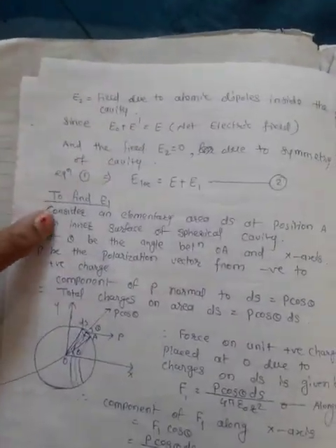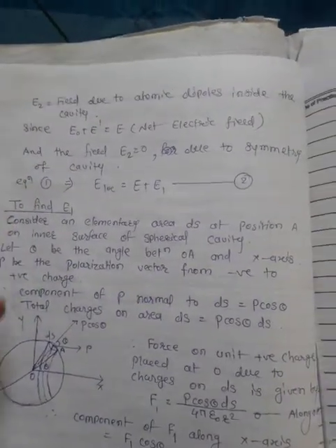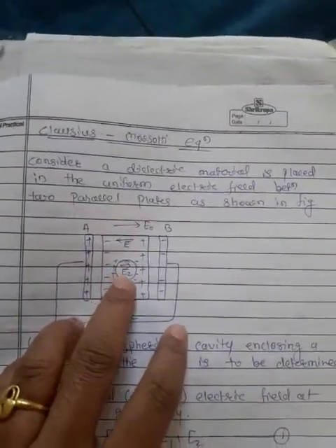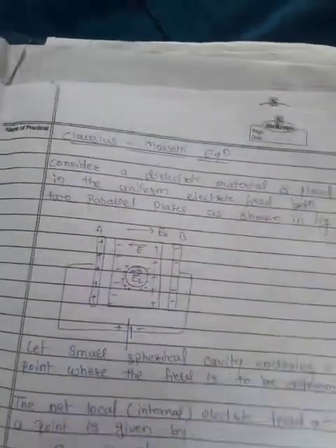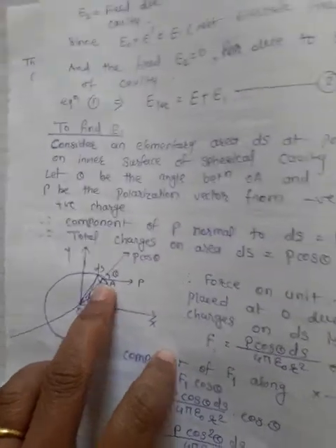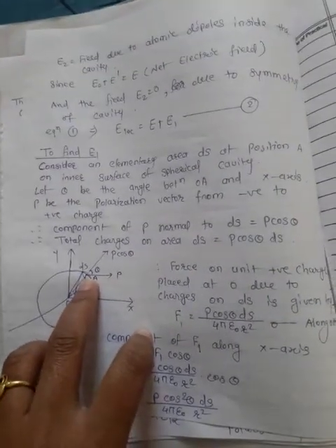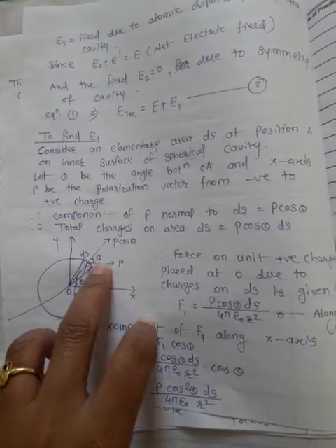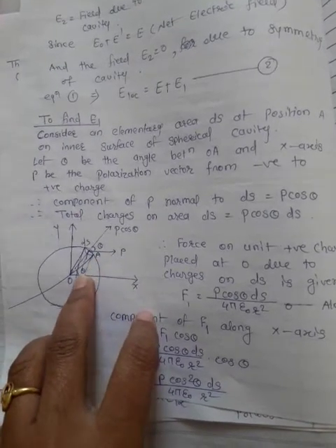To determine this E1, consider an elementary area ds on this spherical cavity. Here we consider the small area ds at position A on the inner surface of the spherical cavity.